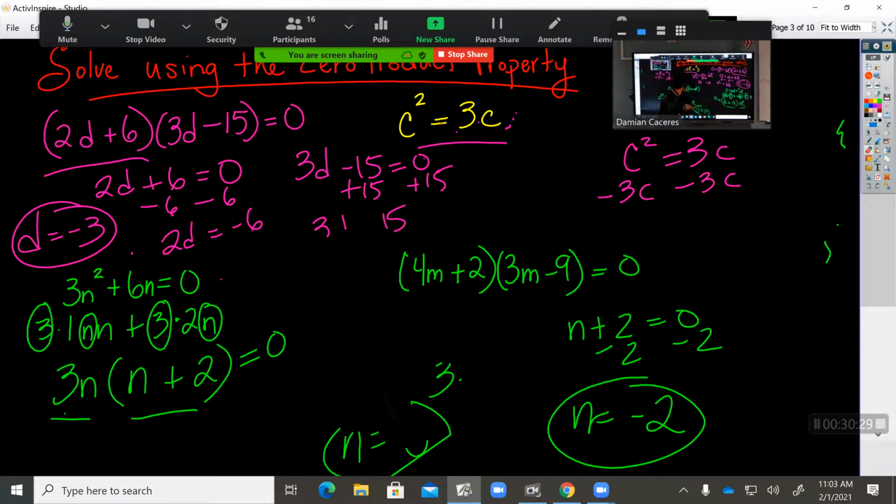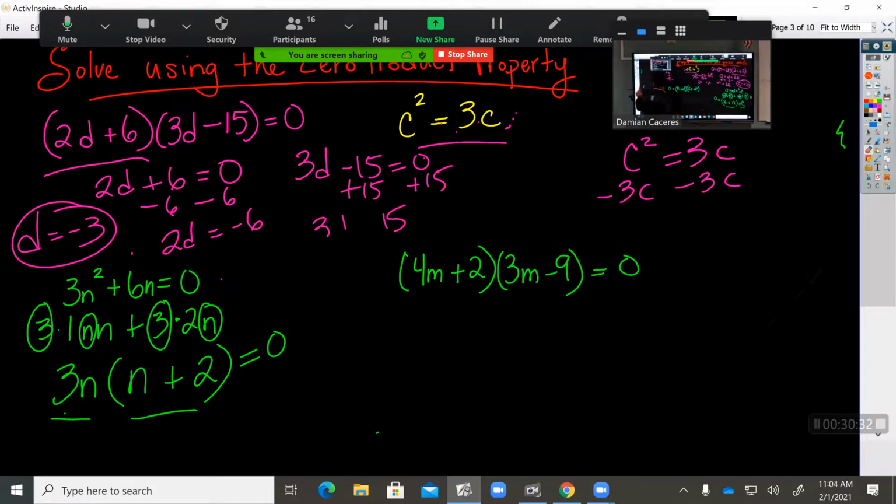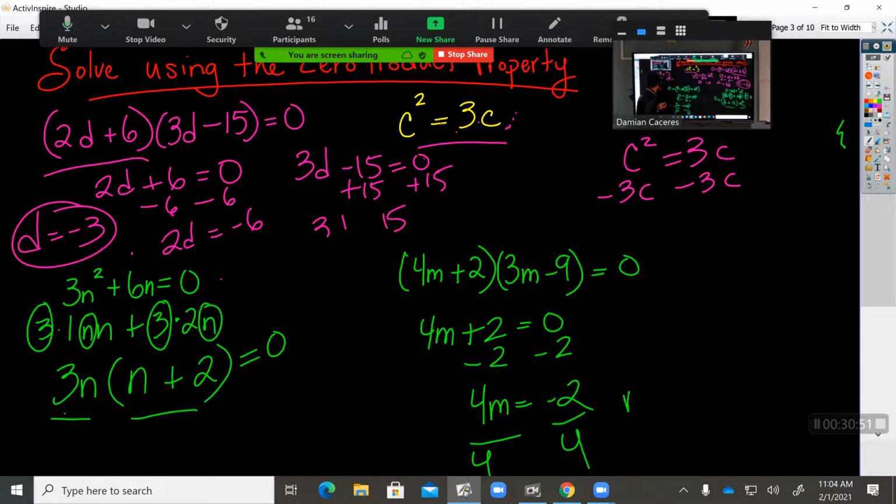On the next question, it's already in factored form, so we can already make each parenthesis, which is the factor, equal to 0 and solve it. So 4m plus 2 equals 0. Two steps. Subtract the constant from both sides, and then divide by the coefficient. So we're going to divide by 4 on both sides. M equals -0.5 or -1/2.